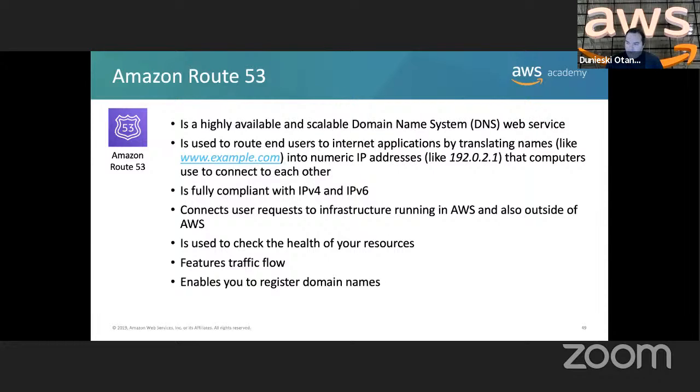IPv4 is a type of IP address, like the one that you see on the screen, 192.0.2.1. It has 4 bytes, 8 bits each, so it has 32 bits total, right? Now IPv6 has 128 bits.